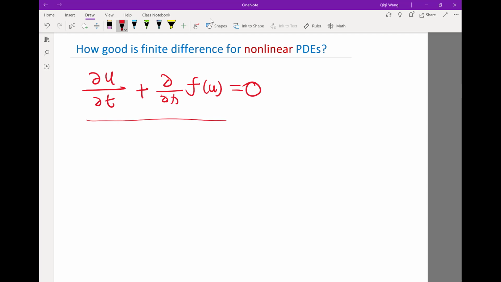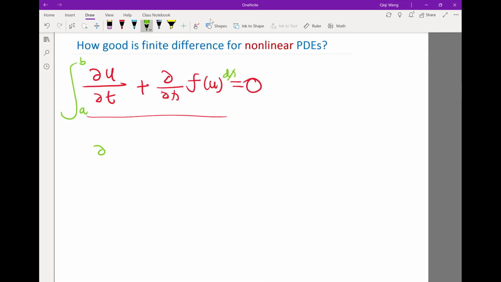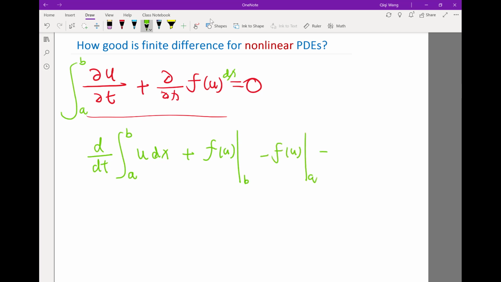If I integrate on both sides over dx from a to b, that gives me not partial derivatives anymore: d/dt of the integral from a to b of u dx, plus now f of u at b, not just u squared over 2, minus f of u at a, equal to 0.